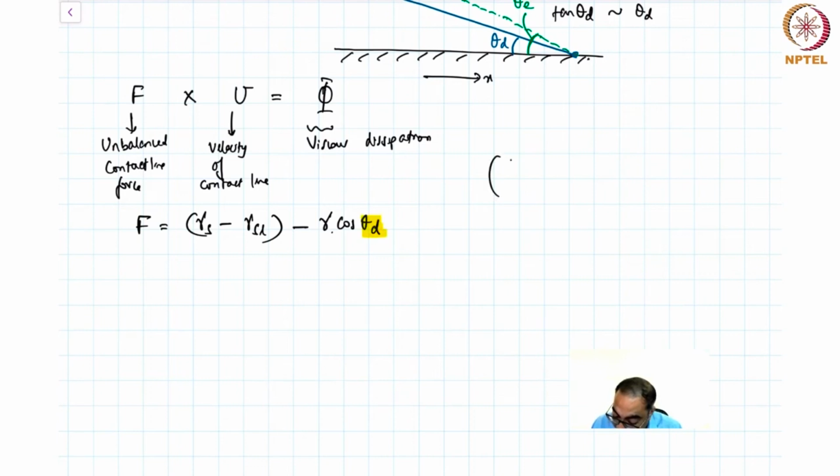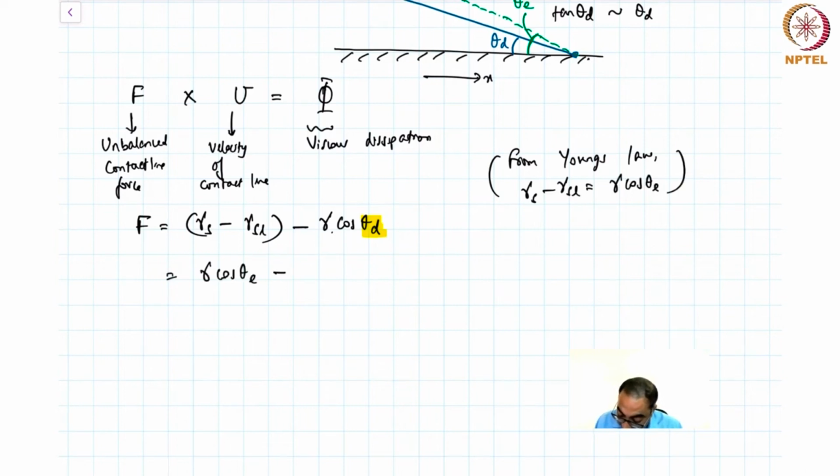But we also know from Young's law that gamma s minus gamma sl is gamma cos theta e, right? So this essentially becomes gamma cos theta e minus gamma cosine of theta d. So this is gamma times cosine of theta e minus cosine of theta d.